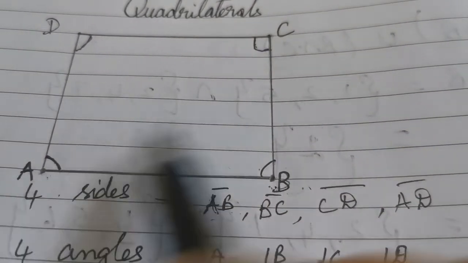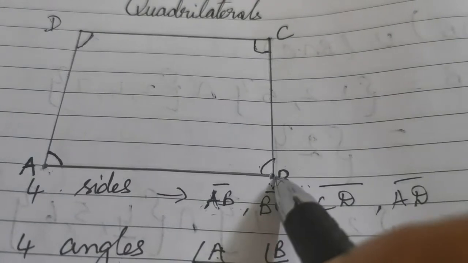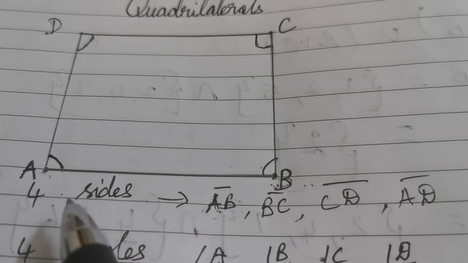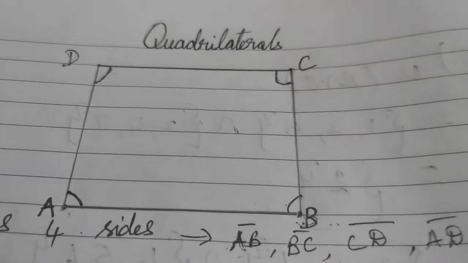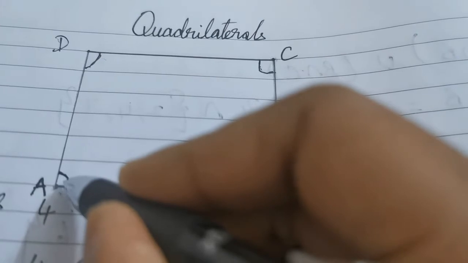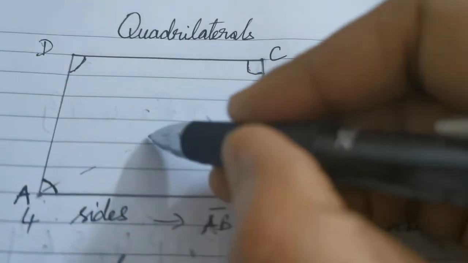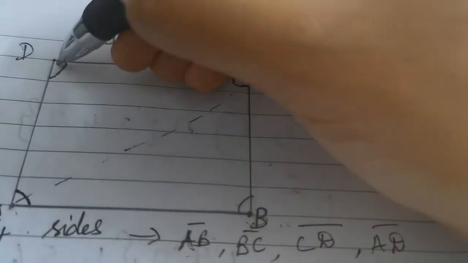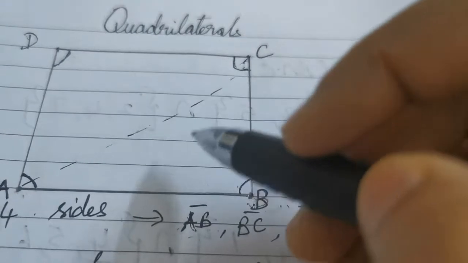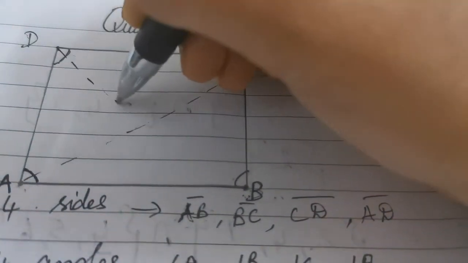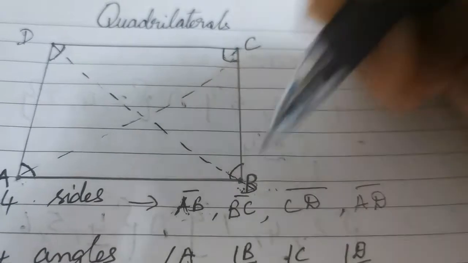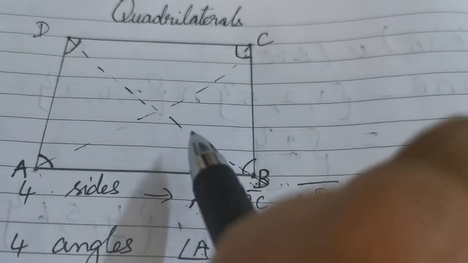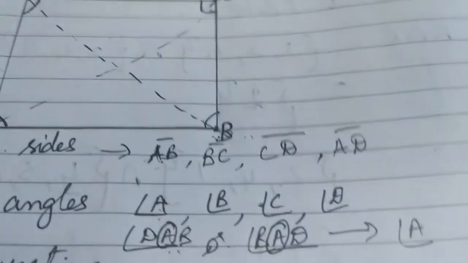So A and C are the opposite vertices. B and D are the opposite vertices because they are not connected using any side of the quadrilateral. So when we join the vertex A and the vertex C, we get a line segment AC. And when we join the vertex D to the vertex B, we get another line segment BD.